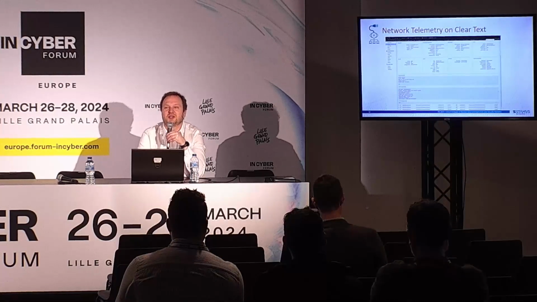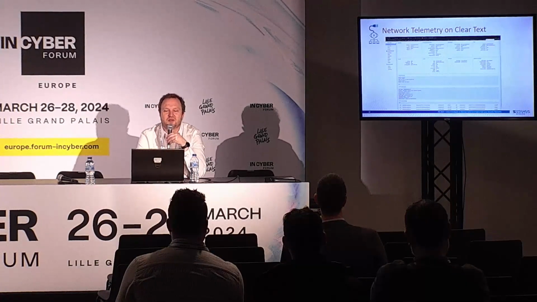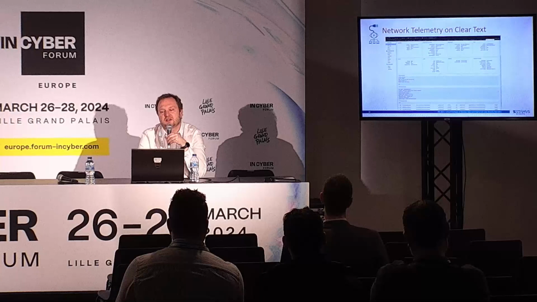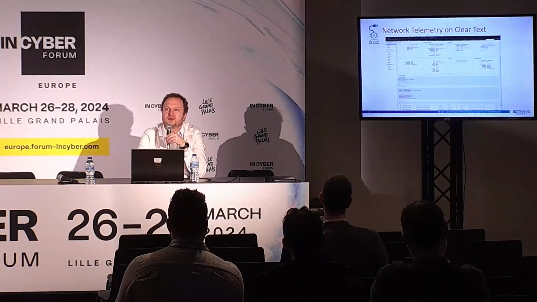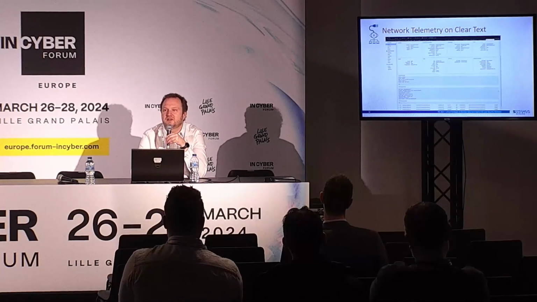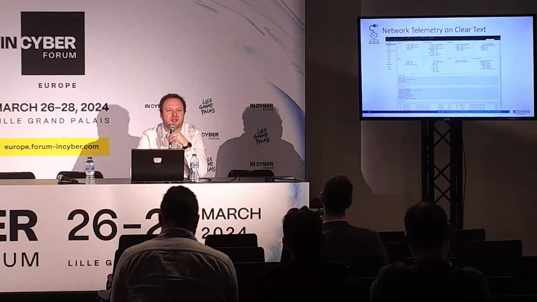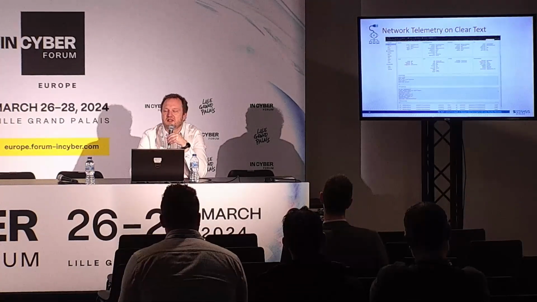So on clear text, well, this isn't very clear to read on the screen, but here, this is an IDS event, where you've got the logging of the payload and the protocol, so you've got good visibility on everything that went through the network. So a list of processes that were exfiltrated by malware.